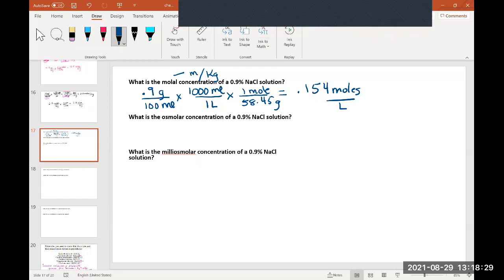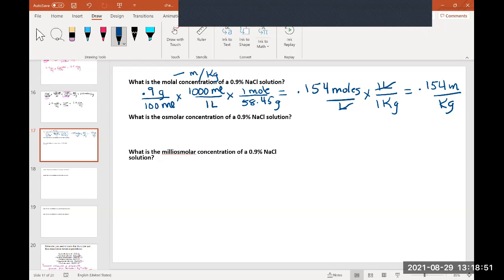Now that's molarity. We're asked for molality. And because we're playing with water, we can do this simple conversion and convert liters to mass. So we get 0.154 moles per kilogram of solvent.